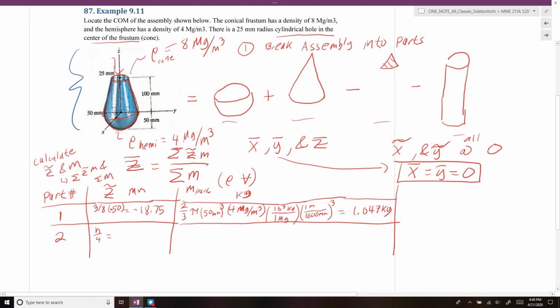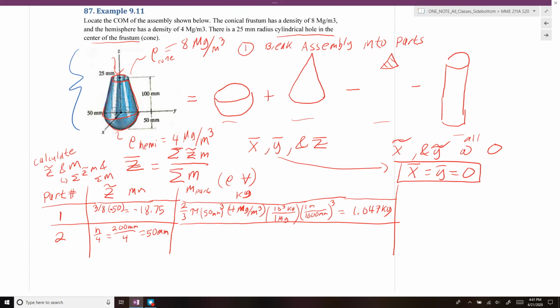So the total height of our cone is about 200 millimeters. 200 divided by 4 gives us 50 millimeters. The h over 4 value I got from the table a few pages back.